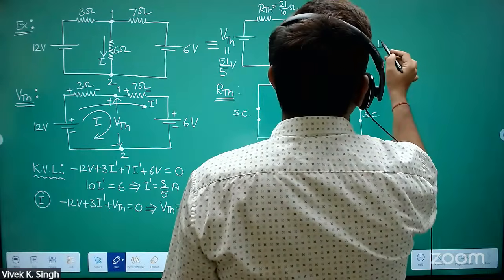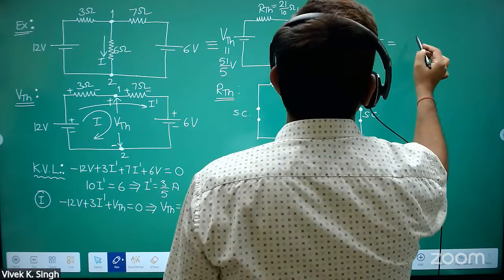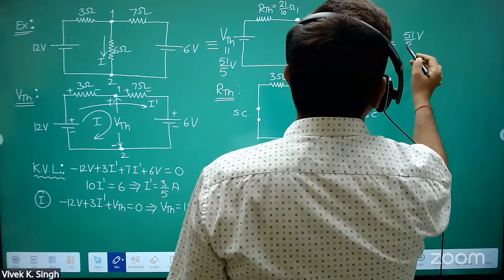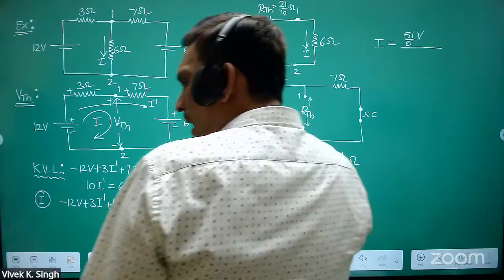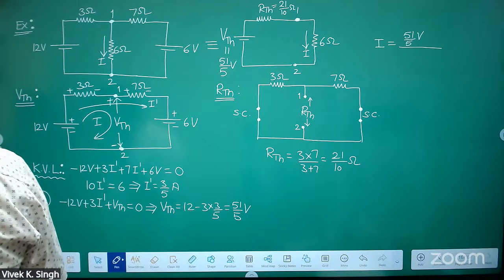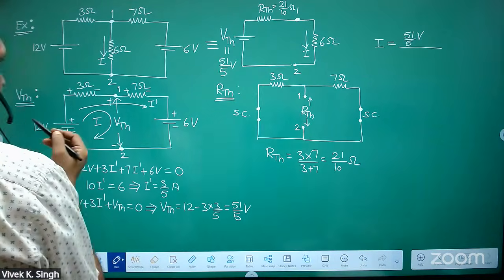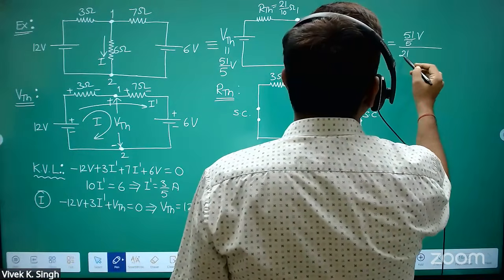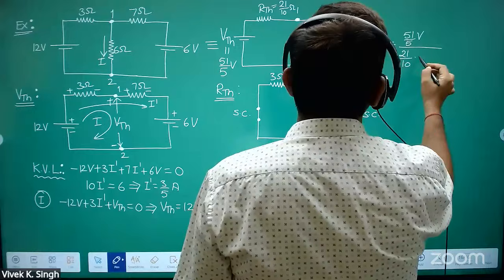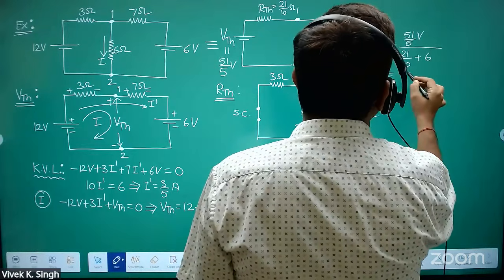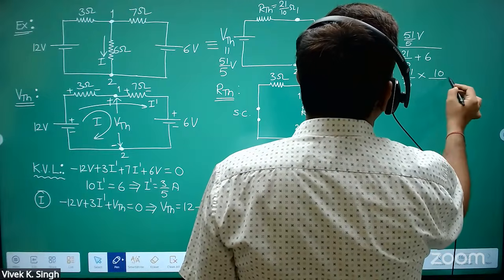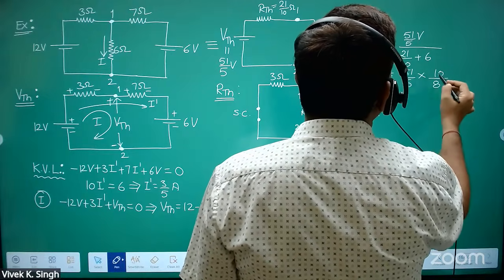Now the current I is given by 51 by 5 volt divided by 21 by 10 plus 6. So this is 51 by 5 into 10 by 81.